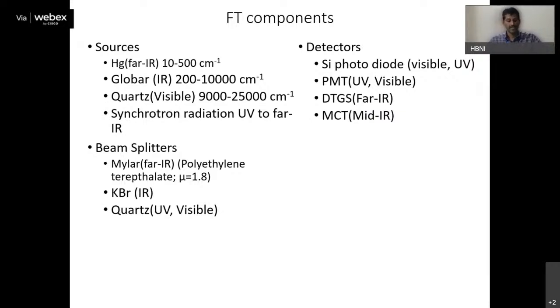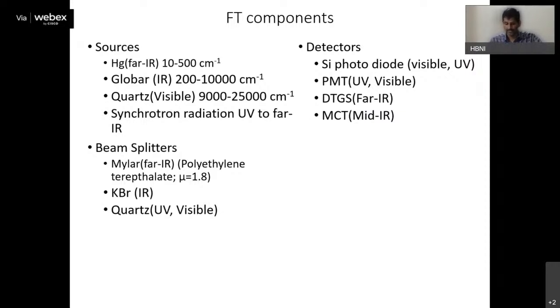And as we learned, synchrotron emits white light from infrared to X-rays, and from the optical point of view, you can consider that it gives photons from far IR to UV.